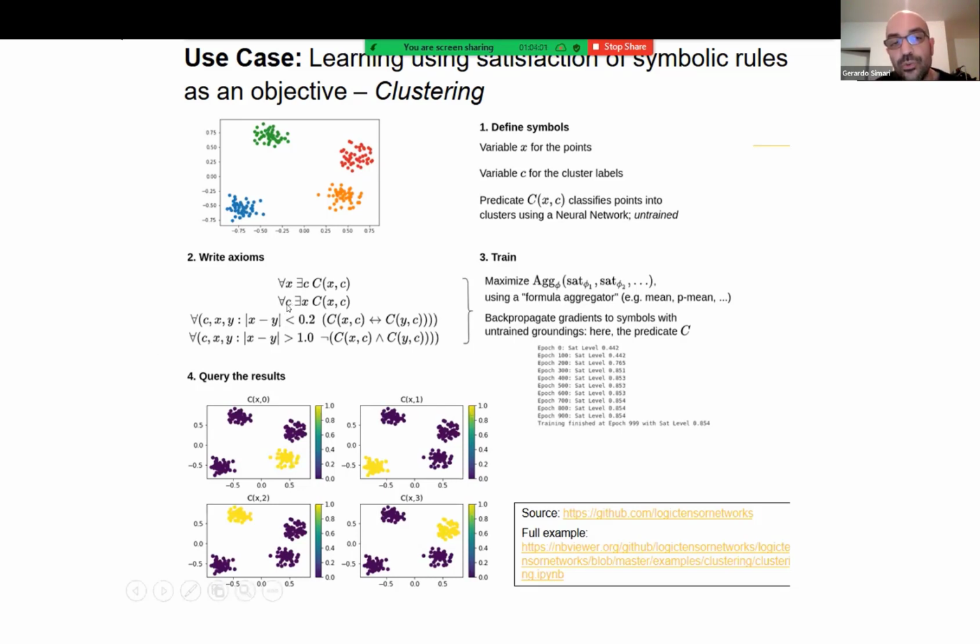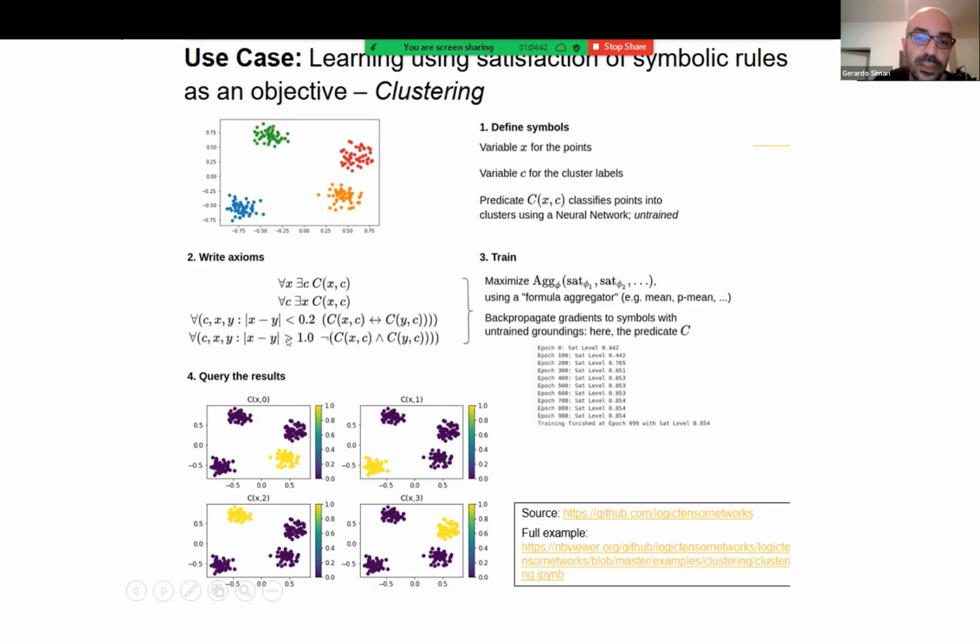And this is kind of a dual. For every class, you have to have a point inside, so you can't have spurious classes in your clustering. And this is saying the properties. Here you have an example of guarded quantification, where you say for all classes C and pairs of points x and y, if the distance between the 2 points is less than 0.2, then the clustering is assigning the same class.